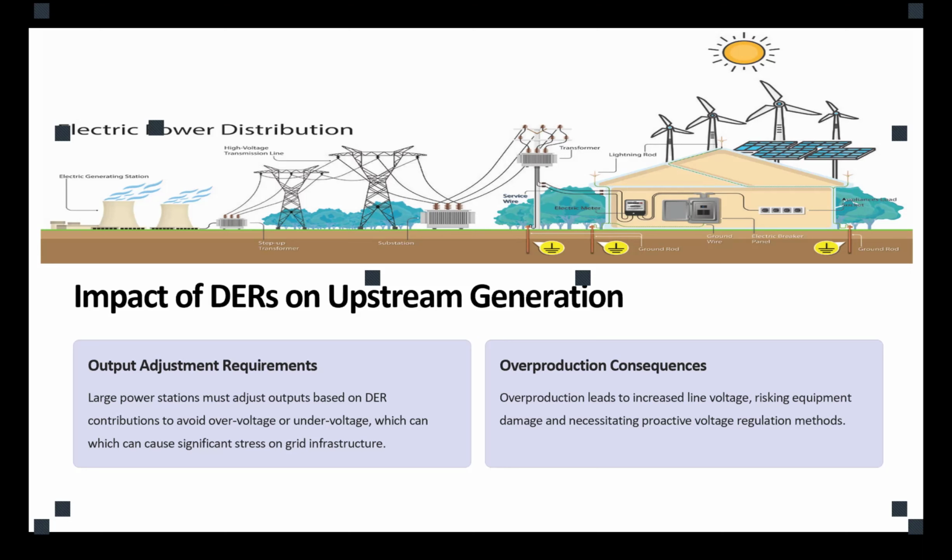Another scenario of not being able to adjust the interaction of those DERs with the grid is that we have more generation than demand. Again, in active power, that means an increase in the frequency, and from the reactive power perspective, an increase in the voltage level. All those consequences were something that we wanted to avoid because it would affect the stability of our system.